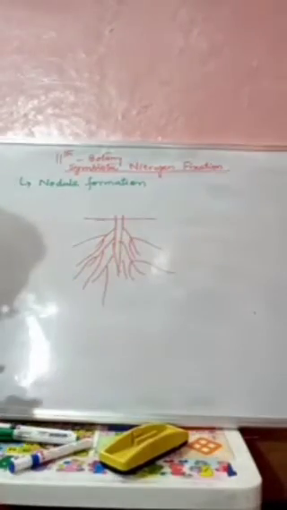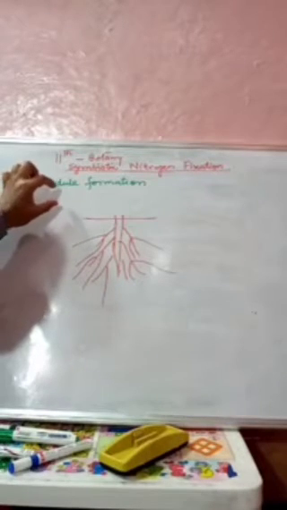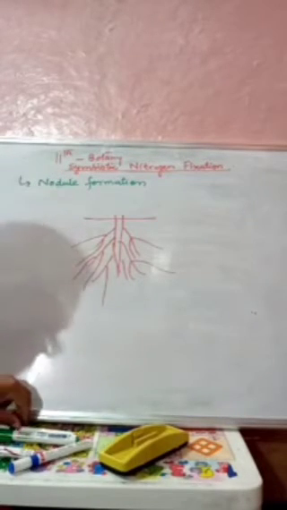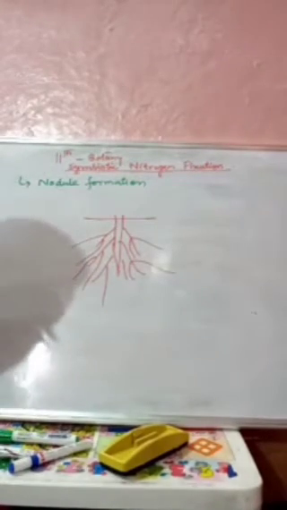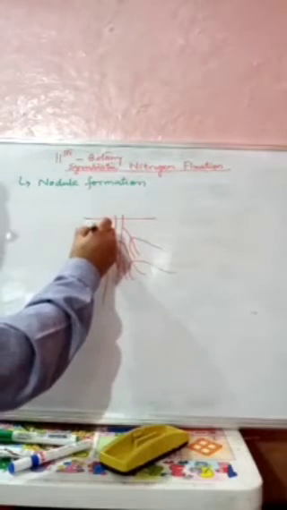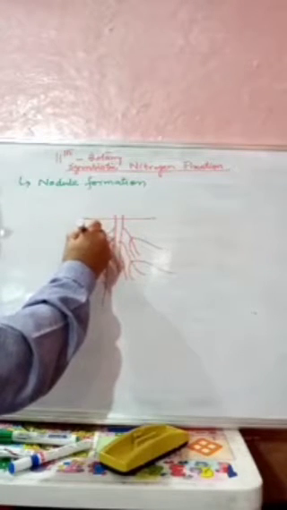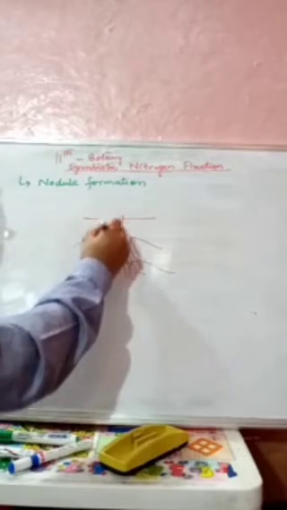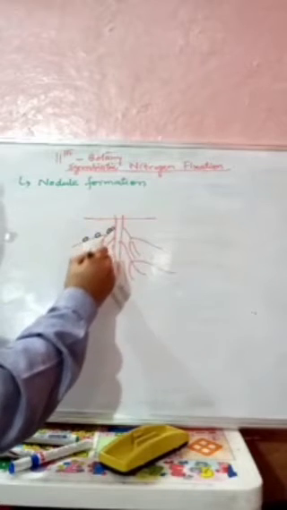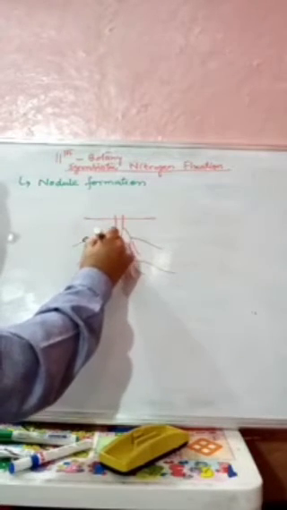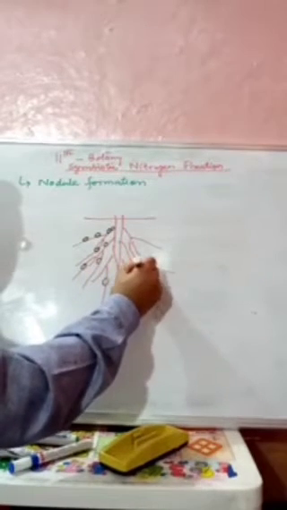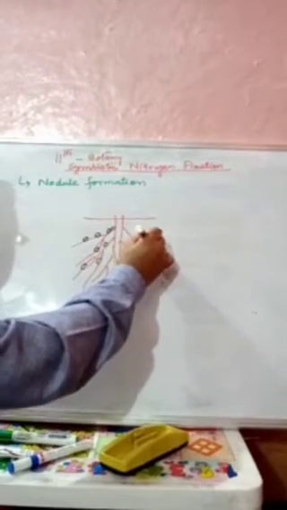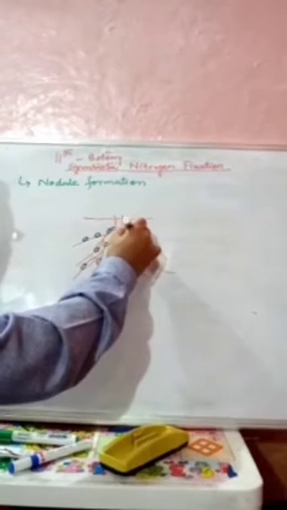What we will see in the members of this Leguminosae, on their tertiary or secondary branches, are these blister-like structures. They are not actually blisters.